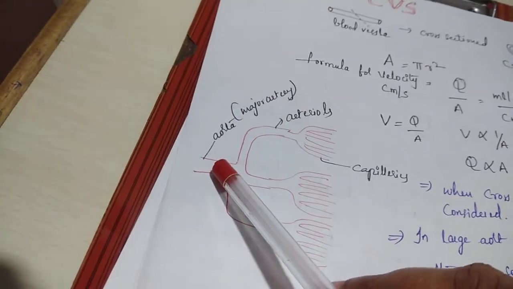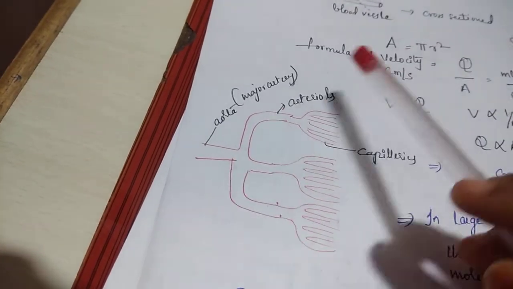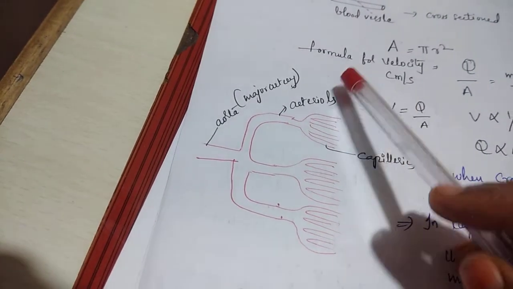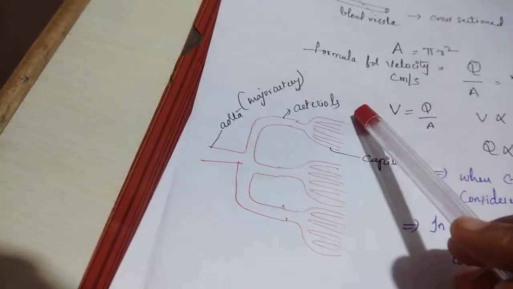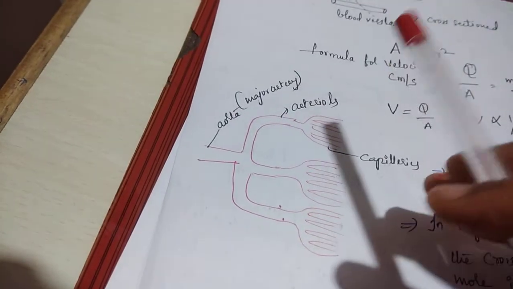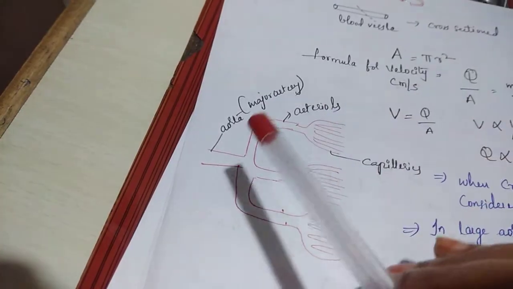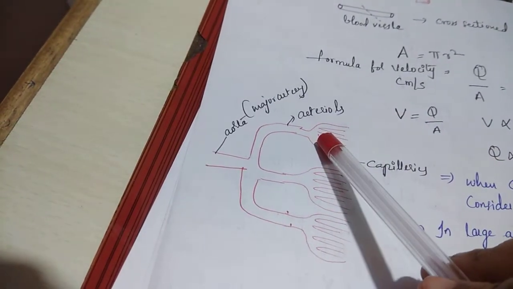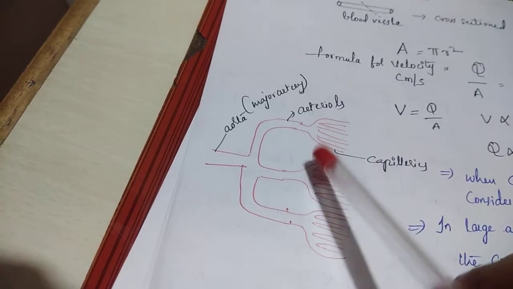The aorta is coming out from the heart and the major veins are very near and directly entering into the heart. So at the very nearest parts of the heart, in these veins and arteries, the velocity of blood is high.